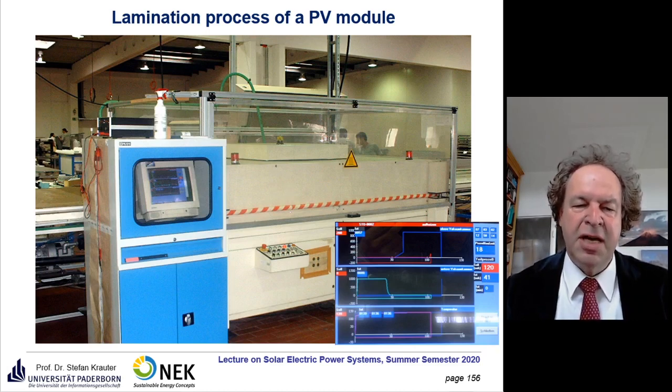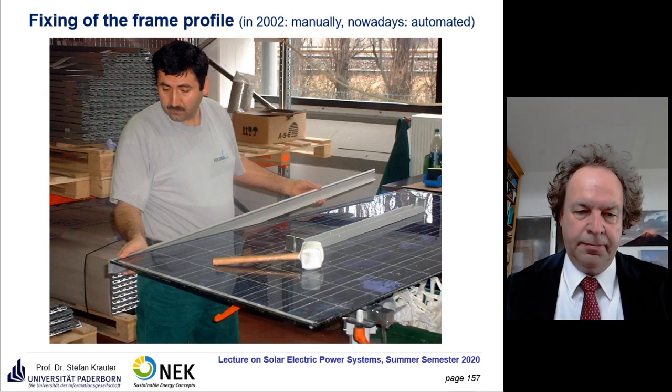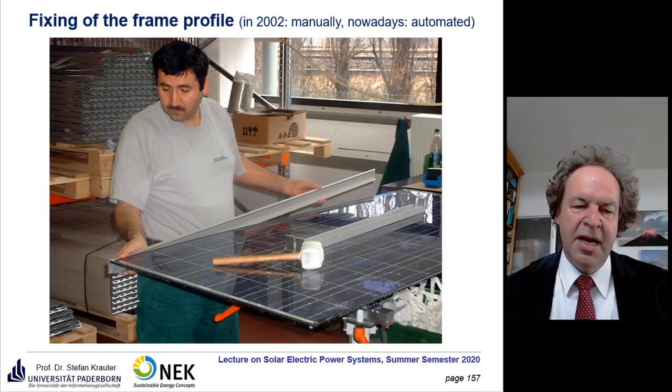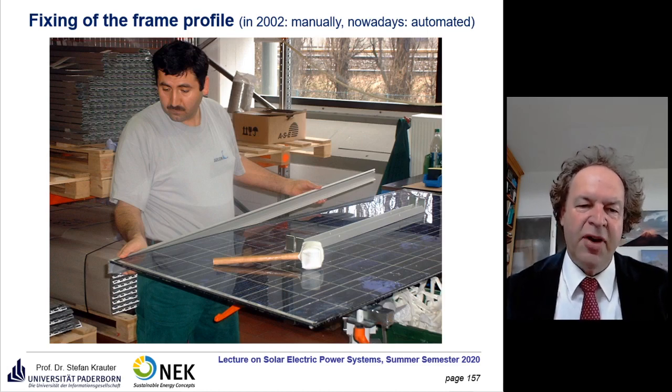Sometimes you take them out of the laminator and they cure on their own in a curing room. And at the very end, you apply the fixing of the frame. Nowadays, it's made automatically. In 2002, this was still carried out manually.